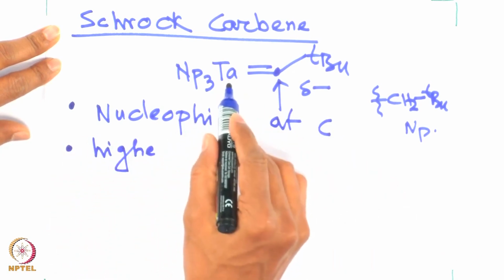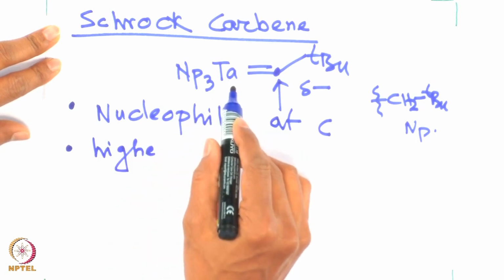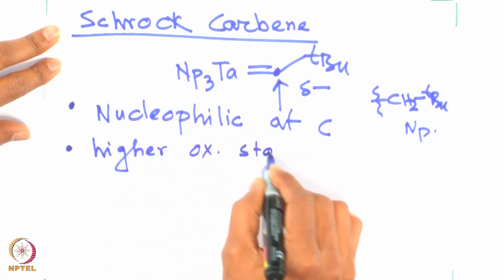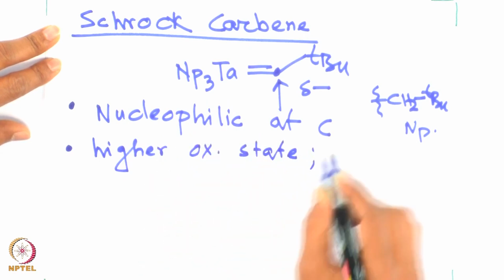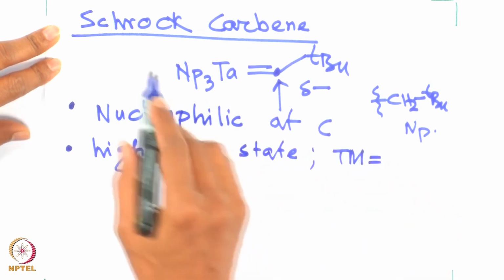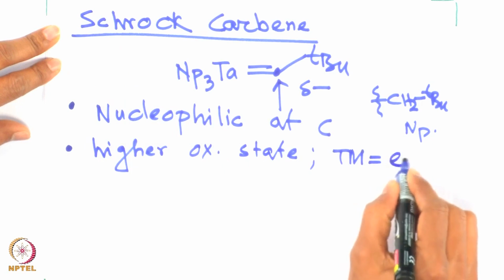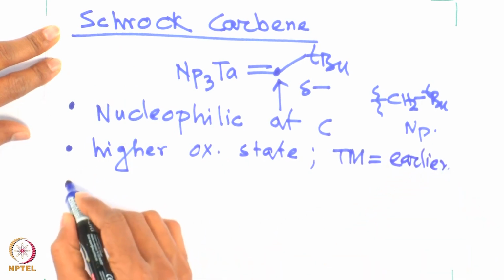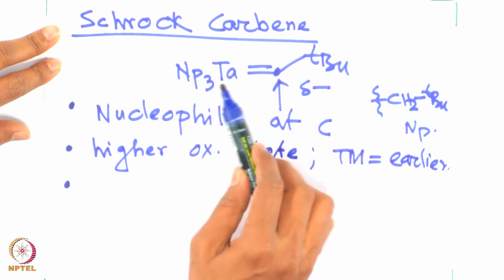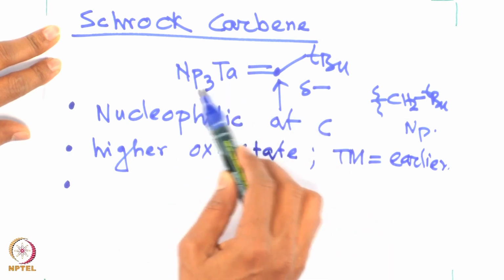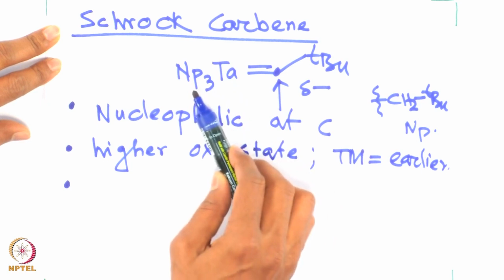Tantalum, as you can see over here, is in the +5 oxidation state. So, higher oxidation state as opposed to Fischer carbene, where usually it is a lower or middle oxidation state. The transition metals in Schrock carbene are earlier transition metals in nature. And most importantly, the metal center is not associated with anything that is pi acceptor in nature.